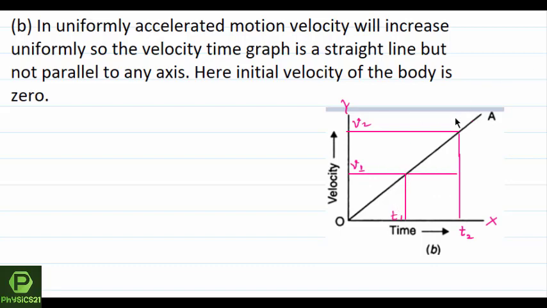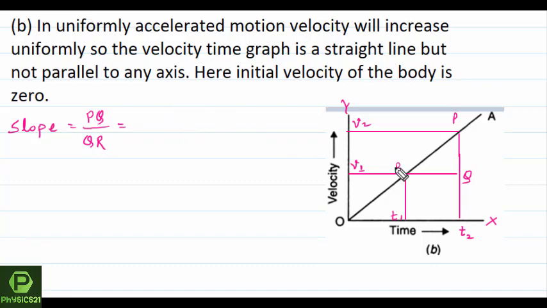In this right angle triangle PQR, slope is equal to perpendicular, meaning PQ, divided by base, meaning QR.